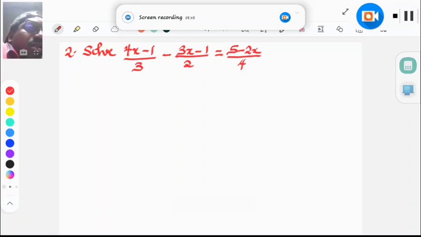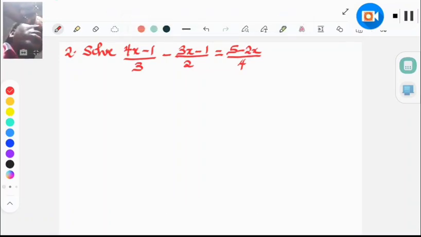Okay. All right. So the second question we have to solve is an algebraic fraction. The first thing we need to learn about solving algebraic fractions is our ability to find the LCM. Since this is an equation, because of the presence of the equals sign, if there was no equals sign, it would have been an expression.